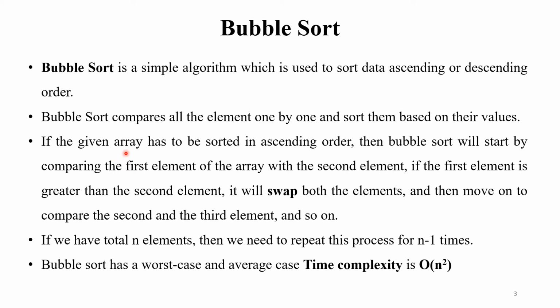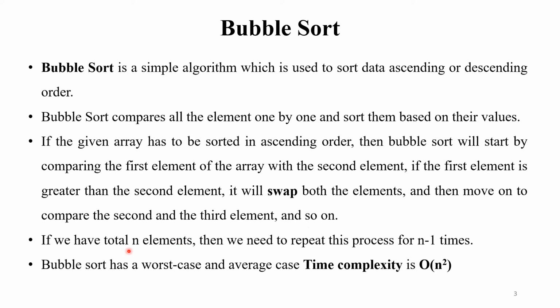Example, if the given array has to be sorted in ascending order, the bubble sort will start by comparing the first element of the array with the second element. If the first element is greater than the second element, it will swap both the elements and then move on to compare the second and third element and so on.